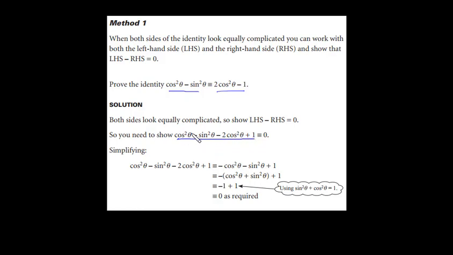We have cos squared theta minus sine squared theta minus 2 cos squared theta plus 1 equals 0. Simplifying, cos squared theta minus 2 cos squared theta gives minus cos squared theta, so we have minus cos squared theta minus sine squared theta plus 1. That is minus the combination, which equals 1, so minus 1 plus 1 equals 0. So these two are equivalent.